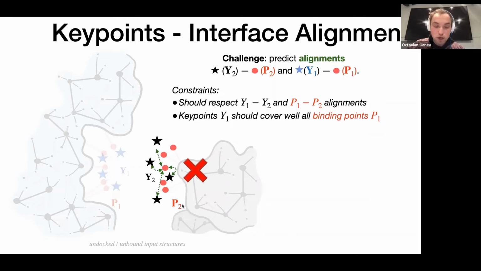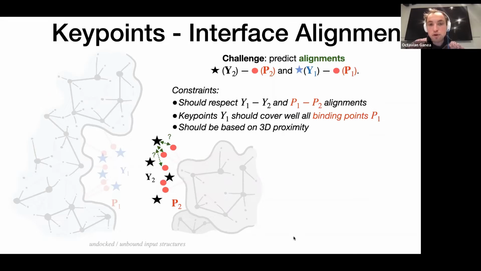We want the set Y2 to cover as much as possible all the points in P2, and not leave some over. This alignment should also be based on 3D proximity, so ideally we assign this black star to one of the closest red dots and not to the far one.